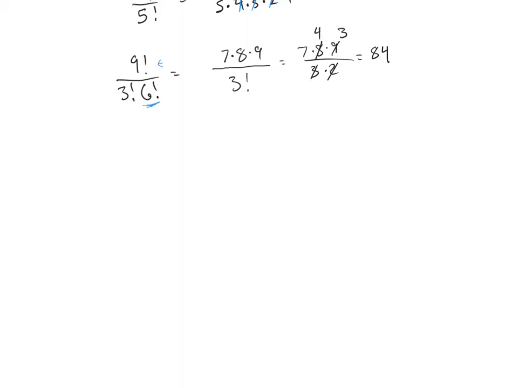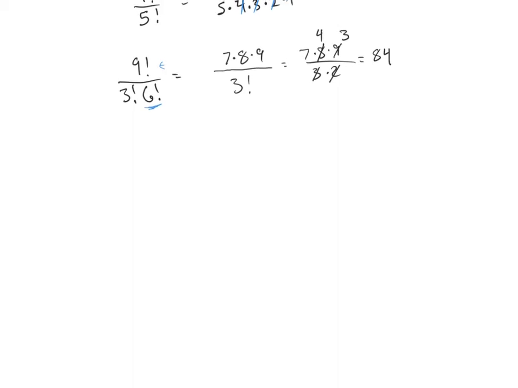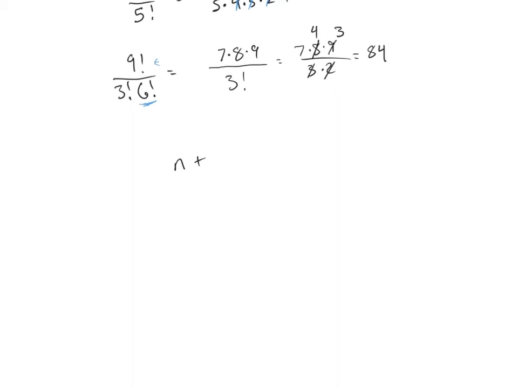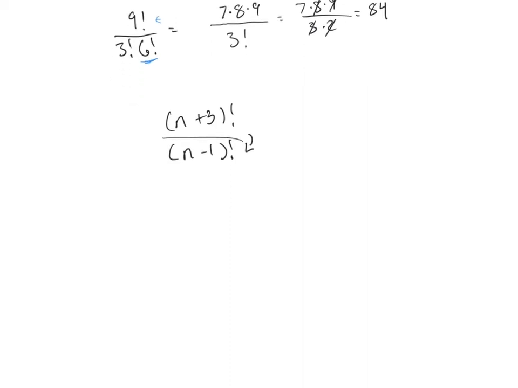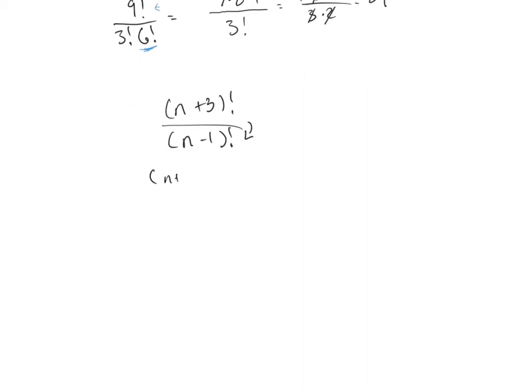So we had variable factorials of, let's say, n plus 3 factorial divided by n minus 1 factorial. Well, the plus 3 is larger, so we can always work our way backwards to meet that n minus 1. So I can expand this to say n plus 3, n plus 2. It's like you're counting backwards, right?